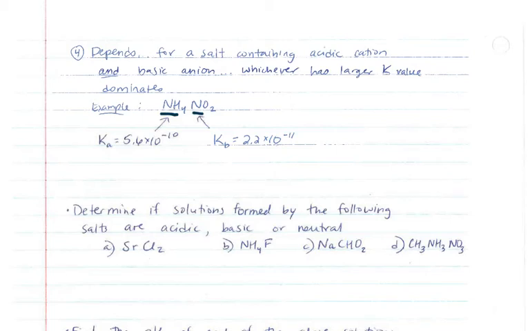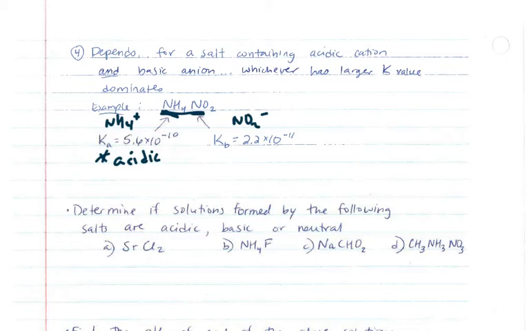In this case, the NH4 ion has a Ka of 5.6 times 10 to the negative 10th, and the NO2 minus anion, if we look up these ions on the table, the Kb is 2.2 times 10 to the negative 11th. So the Ka is the larger of the two, which means that when you add this salt to water, it will form an acidic solution because the cation is more acidic than the anion is basic.